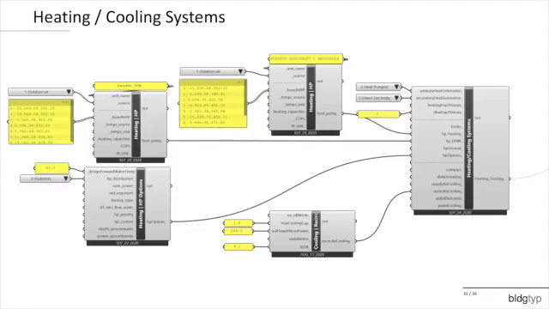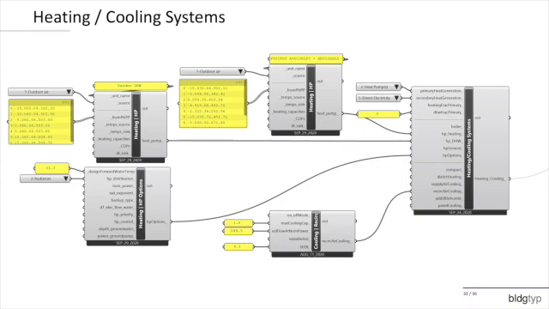Compared to something like Energy Plus, all of this stuff is quite simplified, but this is all the PHPP method. All of these tools that I'm showing here have been built to get the right data into the PHPP. And as we all know, the PHPP mechanical systems are pretty simplified compared to something like the Energy Plus mechanical systems. So just take that all with a grain of salt as well.